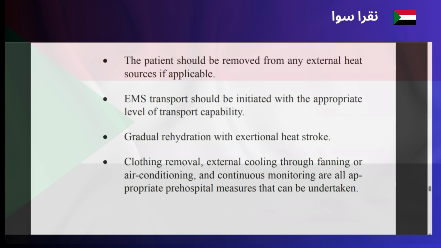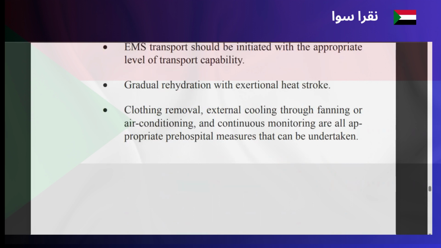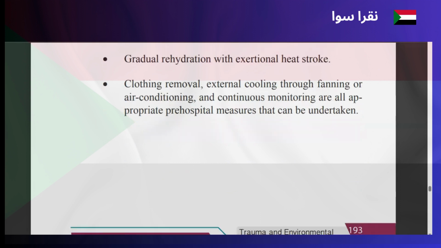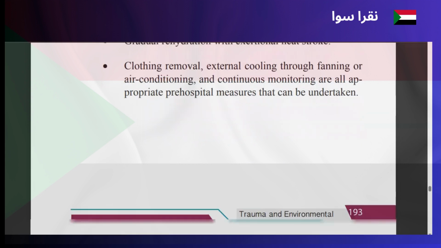Emergency transport should be initiated with appropriate level of transport capability. Gradual rehydration with exertional heat stroke. Clothing removal, external cooling through fanning or air conditioning, and continuous monitoring are all appropriate pre-hospital measures that can be undertaken.